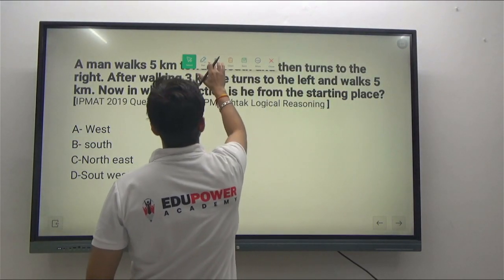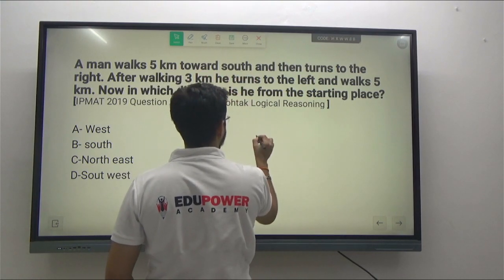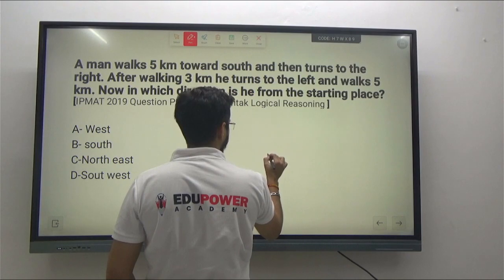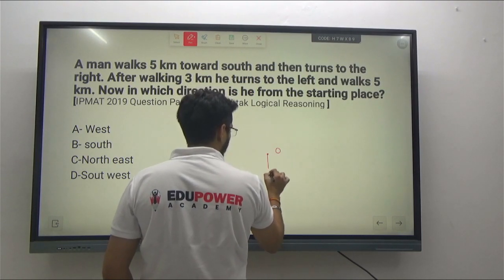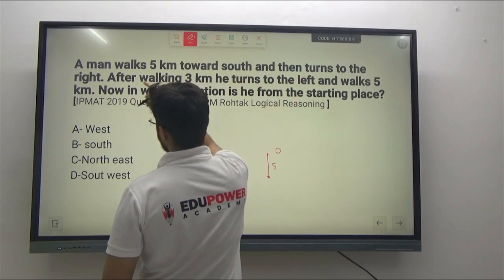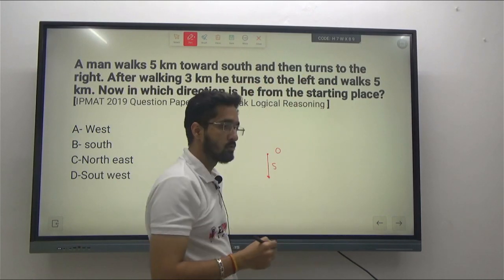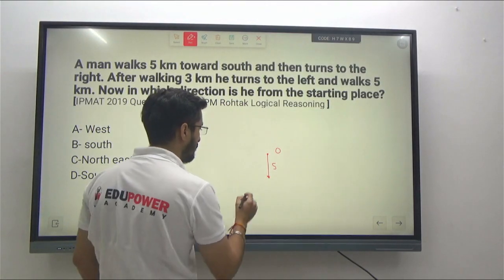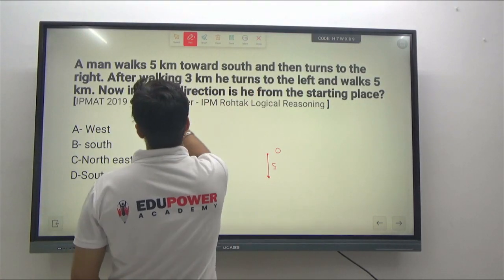A man walks 5 km towards south. So let this be the point of origin. He walks 5 km towards south and then turns to the right. Now he is moving south, he will turn to the right. Which way will he go? This way.